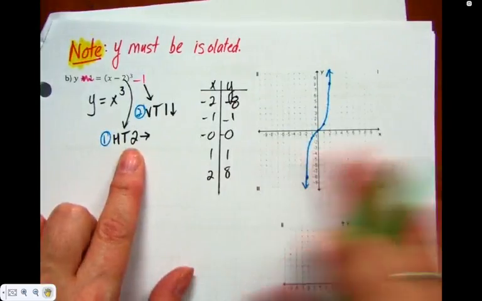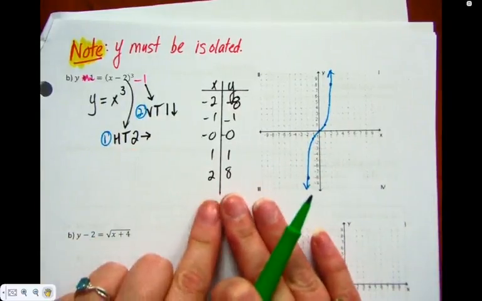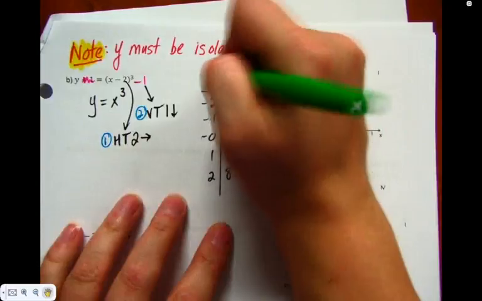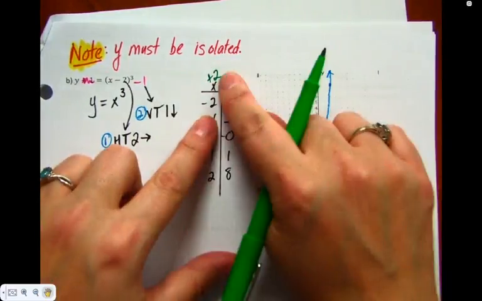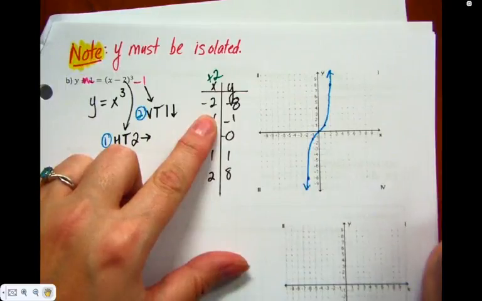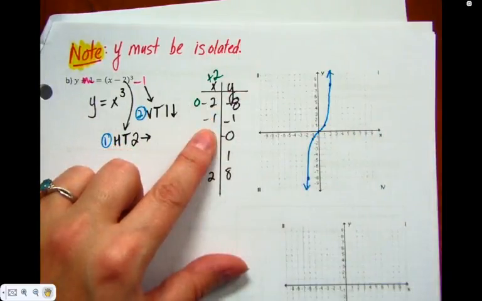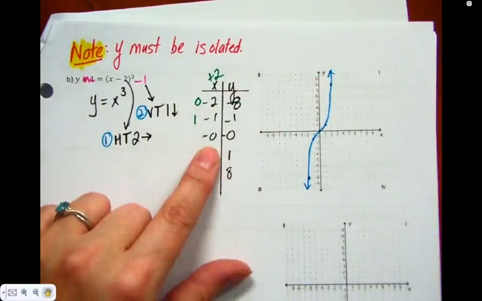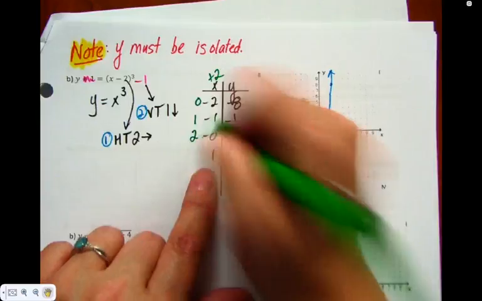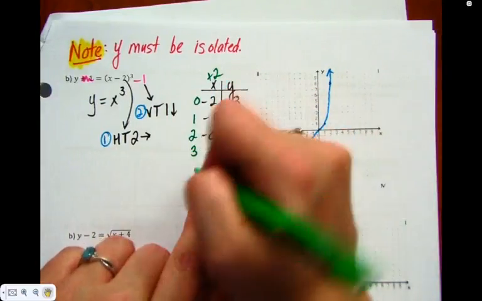I'm going to take either every point on the graph and move it 2 to the right, or I can work off here if I want to. All I need to do is add 2 to the x if I want to do it with the table of values. So negative 2 plus 2, and negative 2 minus 1, and 0 plus 2, and 1 plus 2, and 2 plus 2.